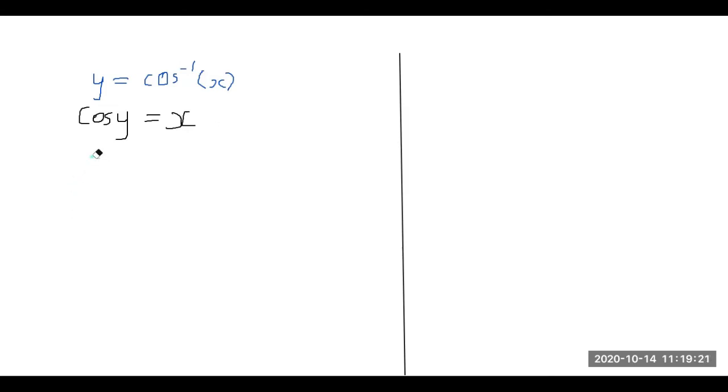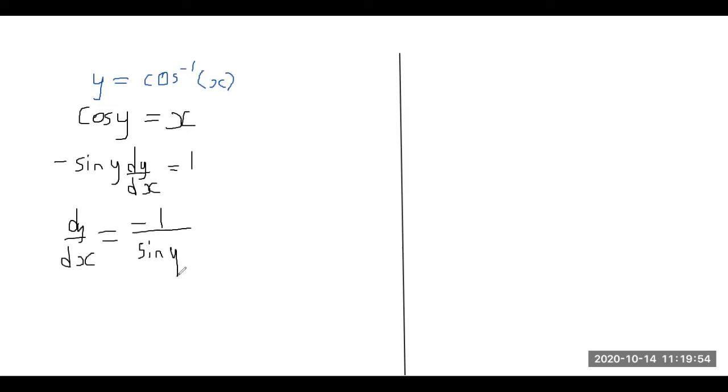When we differentiate cos y, we get minus sine y, and then when we differentiate y, we always multiply by dy by dx. When we differentiate x, we're just going to get 1. And so what we end up getting is that dy by dx is equal to minus 1 over sine y.